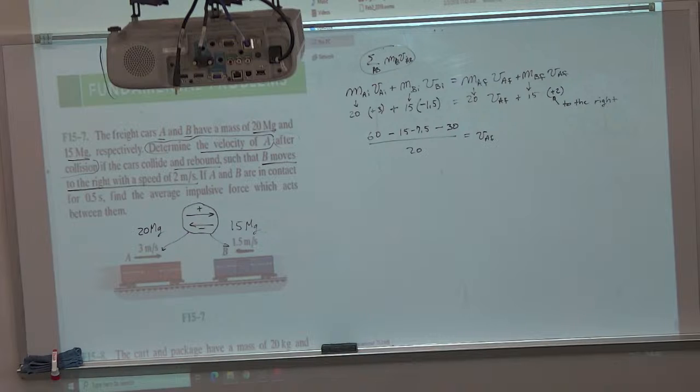There it is. Oh, that's right. I was going to figure this out with a calculator. Okay.